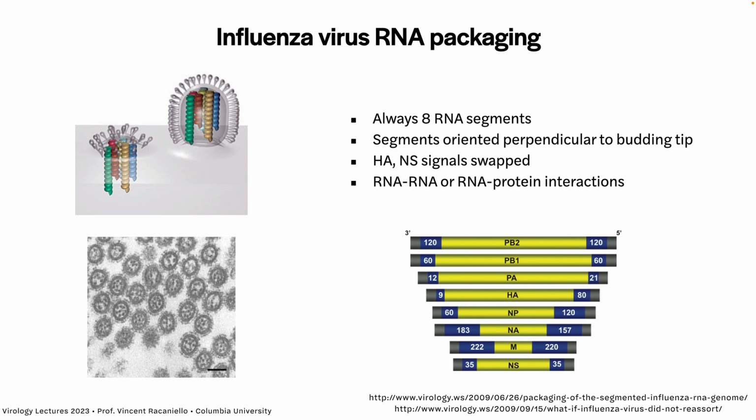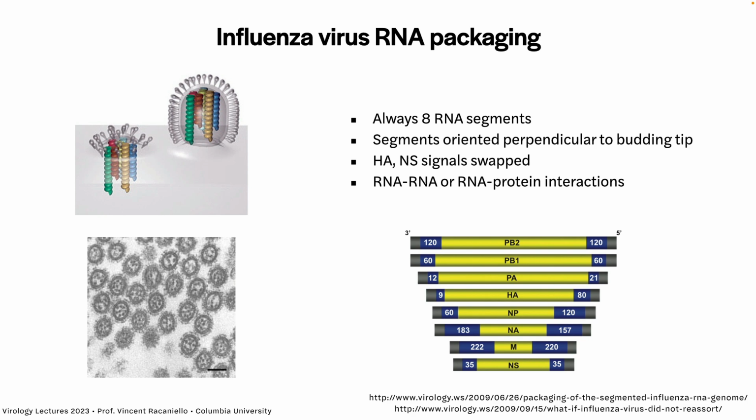And on the left is a picture of how the budding occurs. And it turns out that the RNA segments, which are shown here as colored helices, green and red and gold and blue, are always oriented in parallel and perpendicular to the membrane as the particle is budding.